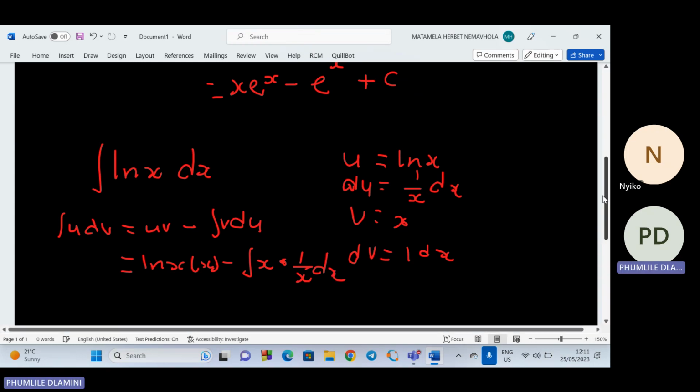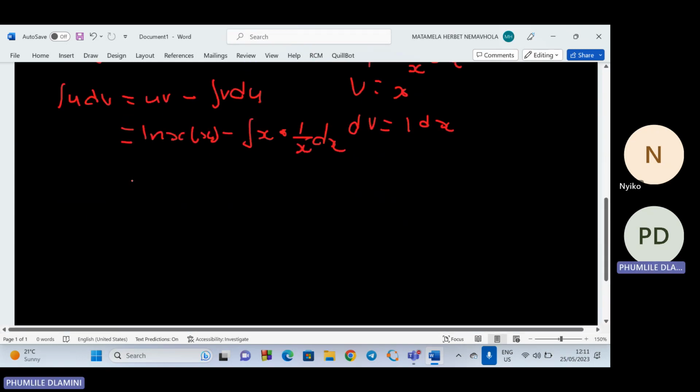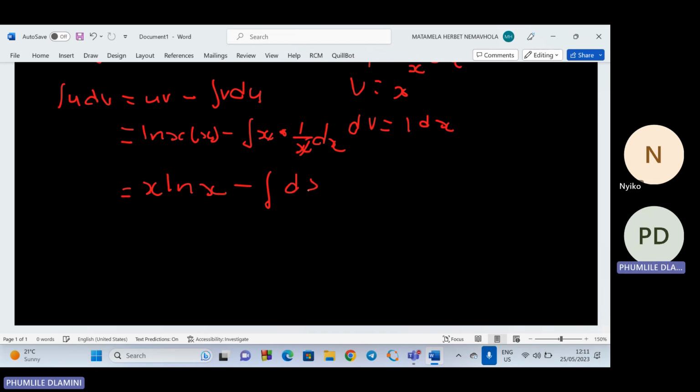So when I write this, it's going to give me x, we can just write as x ln x. The integral of this is the same as the integral of, this will cancel, we're going to be left with dx, which when we rewrite it is going to be x ln x minus x plus c.